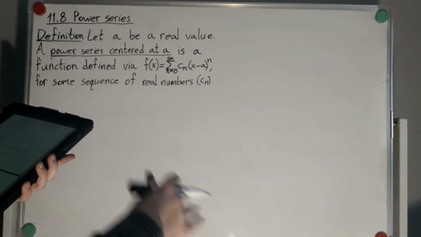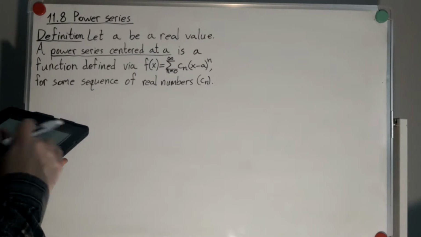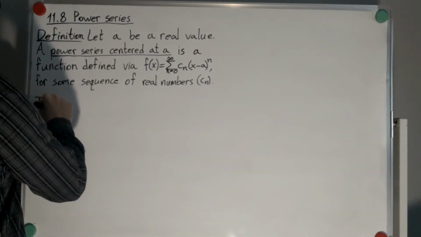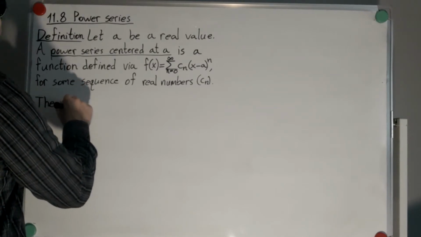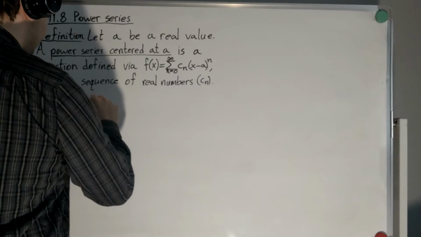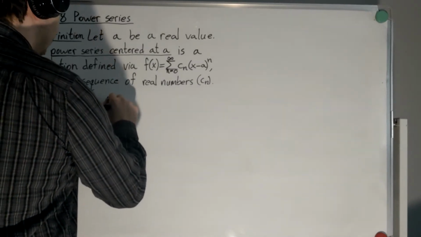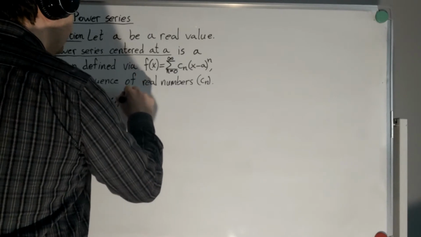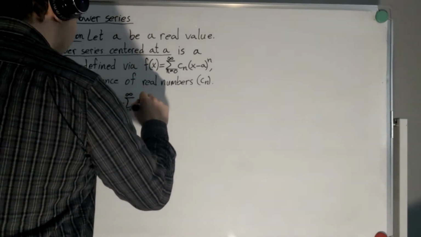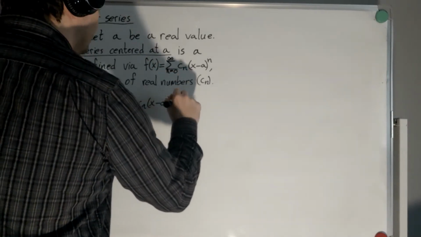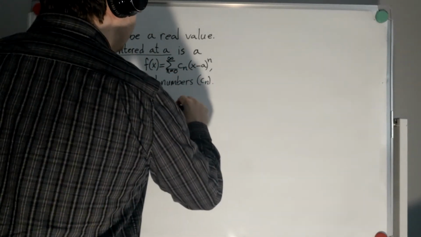Okay, so we've got a theorem about the domain of these power series that motivates a few definitions. So let f of x, this is the sum from n equals 0 to infinity of Cn times (x minus a) to the n, let this be a power series.